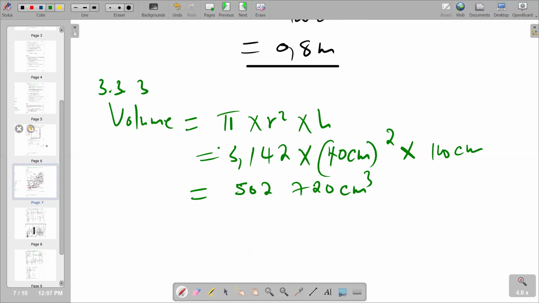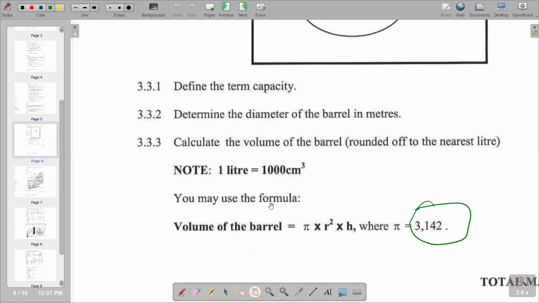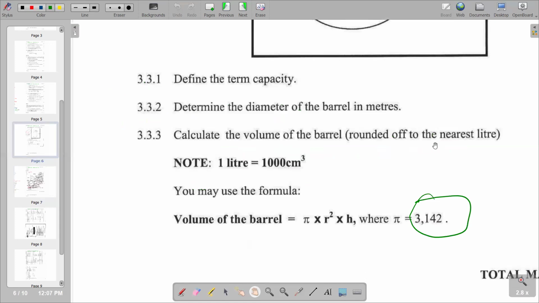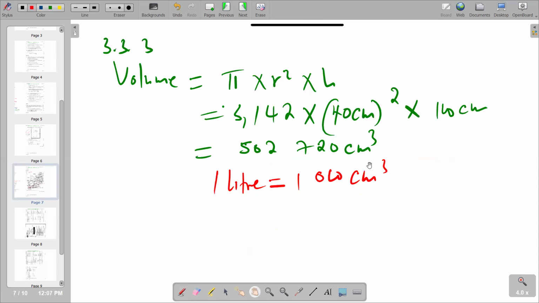But then if you refer back to the question, it requires us to express our volume in liters, whereby 1 liter is 1,000 cubic centimeters. So to convert our cubic centimeters to liters, we divide by 1,000.